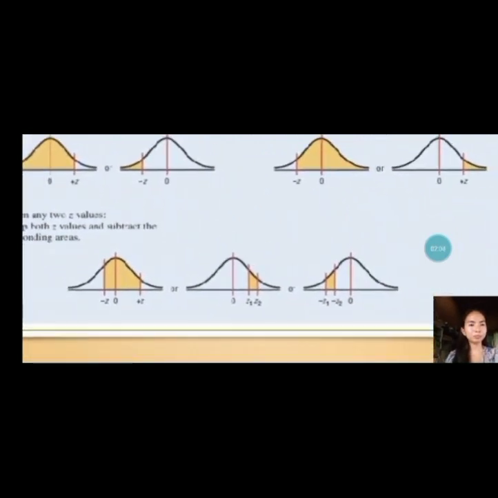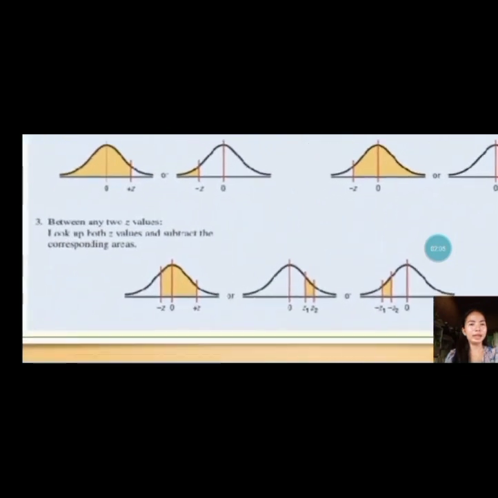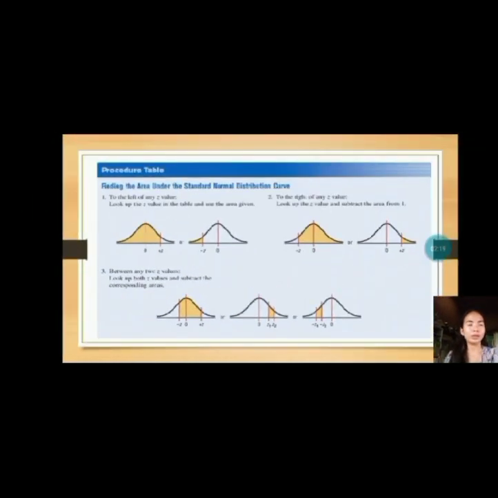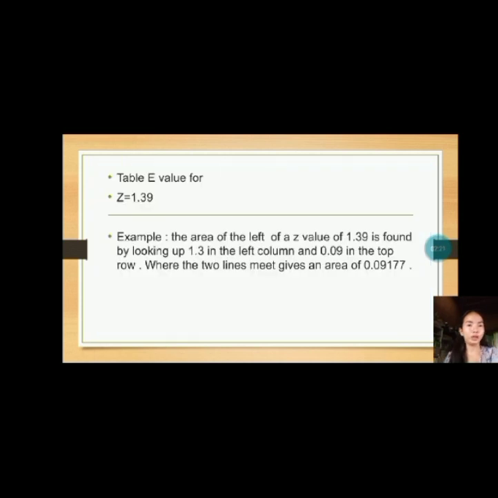Ang total sa left and sa right, i-minus, and then makuha ang answer sa between two z values. Makita mo na kung may example ko later. So, first sample, table E, value 4. So, z is equal to 1.39.